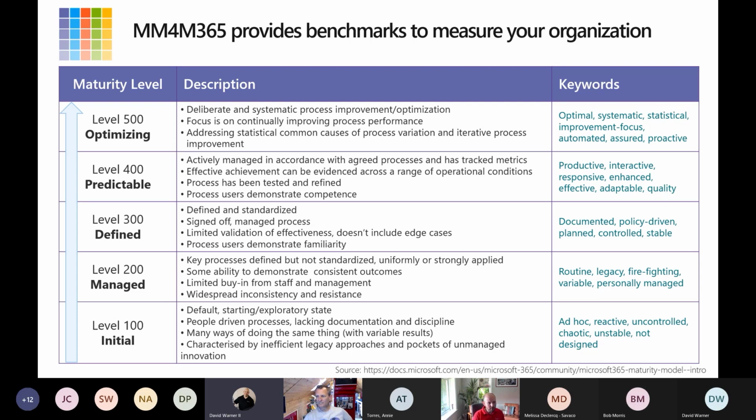Level 300 is a really good place to be, and different businesses will want to reach different levels depending on what they need to get from those competencies. A regulated industry would need to have level 300 around its management of content.